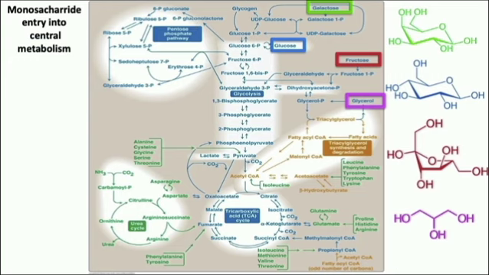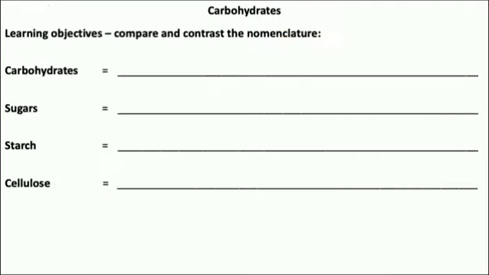So I've spent a lot of time talking about monosaccharides and disaccharides, glucose, fructose, sucrose, high fructose corn syrup, galactose, glycerol. And now I want to go and describe in more detail polymeric forms of carbohydrates.